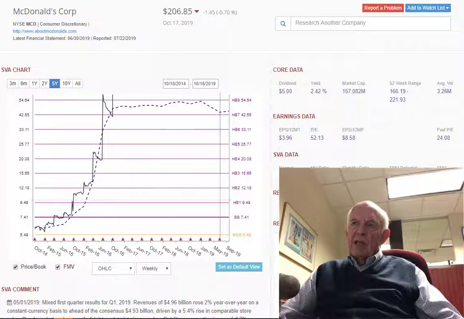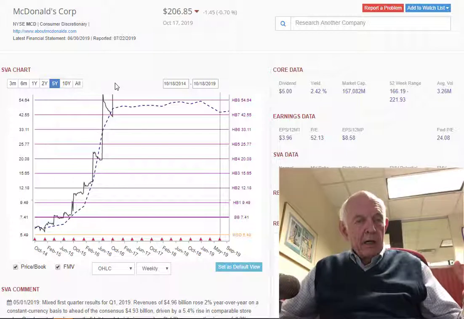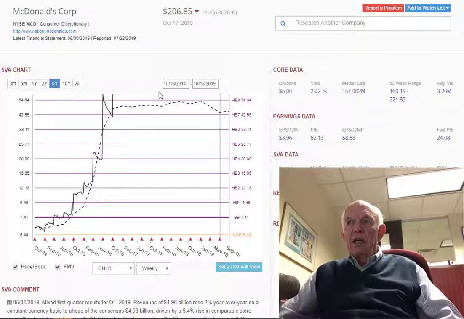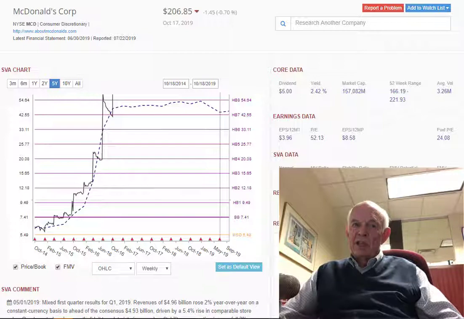Well, what's happened is that the ROE shot up all right, and of course carried the stock with it. But it has since leveled out, and right now the stock is about 55% overvalued. If anything ever happens to this market, there is a long way down in McDonald's before it finds a safe harbor.